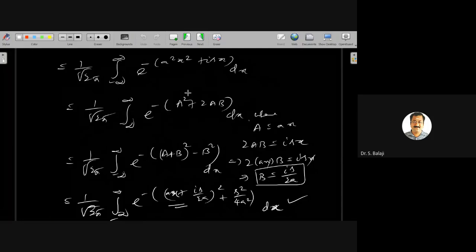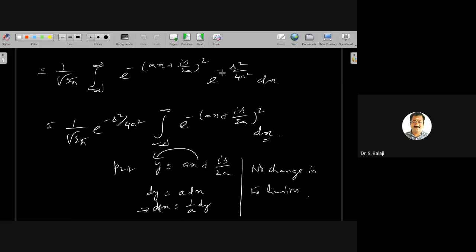The minus you have to multiply. Therefore, 1 by root of 2 pi, e power minus s square by 4a square is taken outside of the integration, and only this part remains in the integral: exponential minus of ax plus is by 2a whole square dx.